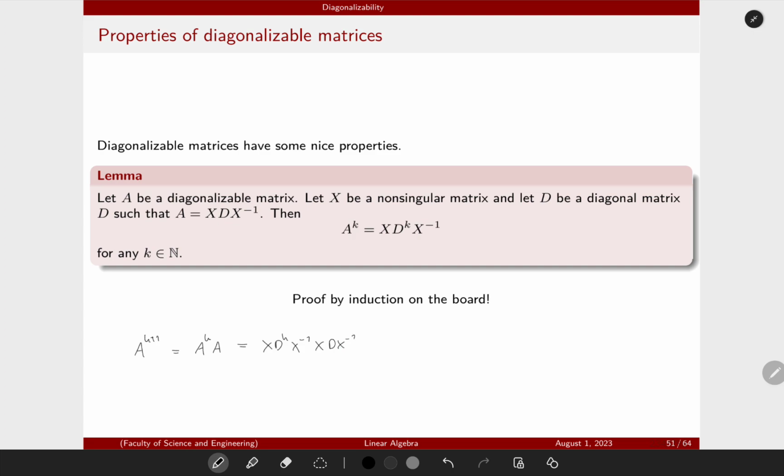Then we cancel these two because they are identity, so we have X D to the k D X inverse. These D's we can take together. We can just say that it's D to the k plus 1, and this is X inverse. And this is precisely what we wanted to show. So that concludes our little proof, QED.